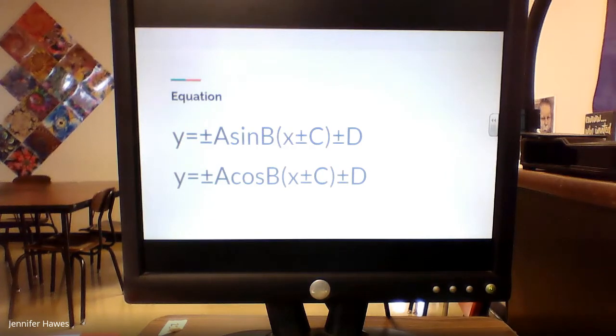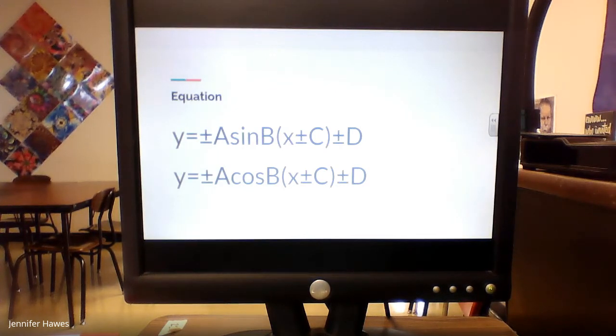If there's not a number there, there's always a 1. B is that number parked in front of those parentheses. If there's no parentheses, it'll be parked in front of the x. If there's not a number in front of the x, like ours, then that means 1.